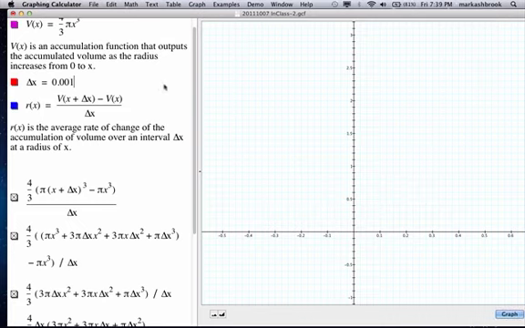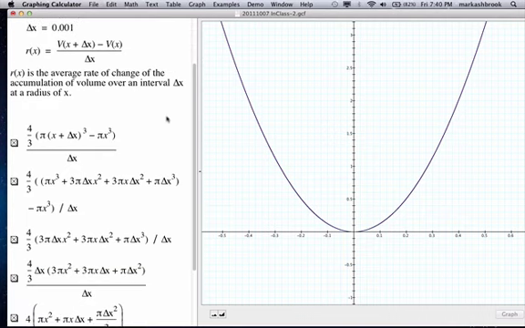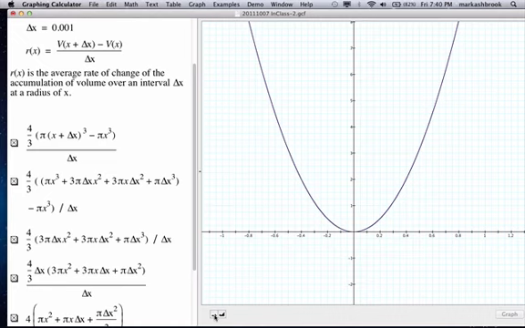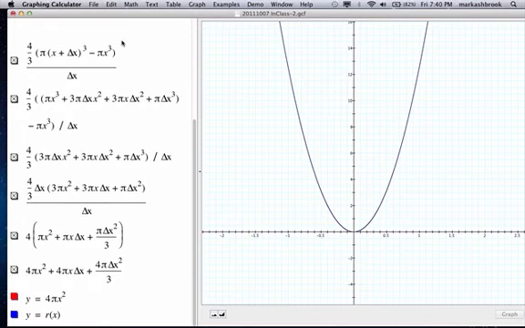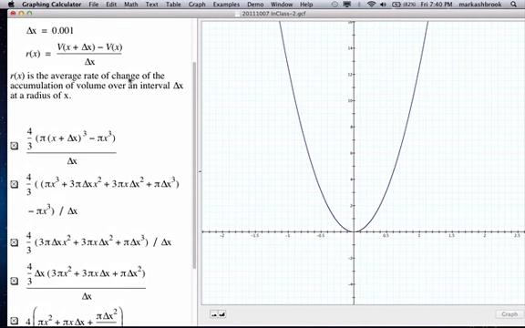So maybe 0.001. So now we're looking at a delta x that's getting us a very, very close approximation to the actual rate of change function, using the average rate function.